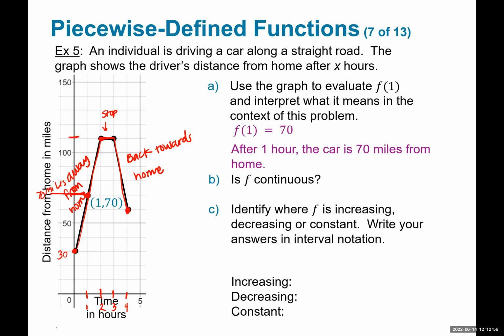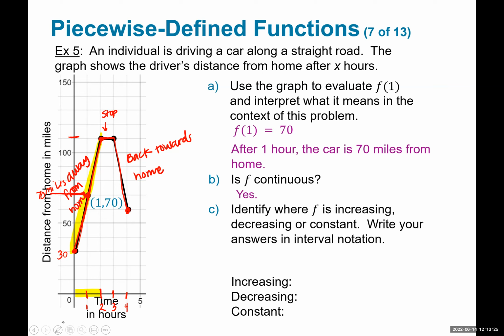Is f continuous? Yes, you didn't have to pick up your pencil when you drew this whole thing. Identify where f is increasing, decreasing, or constant. Write your answer in interval notation. So it's increasing this first stamp. Let me choose a different color. I'll highlight. We're increasing here from 0 to 2. So for 2 hours, we were increasing.